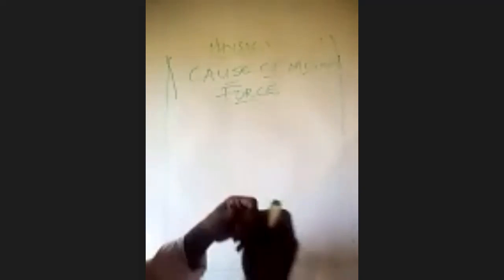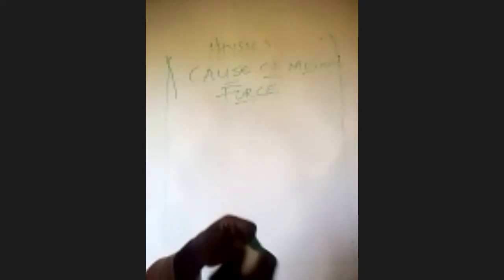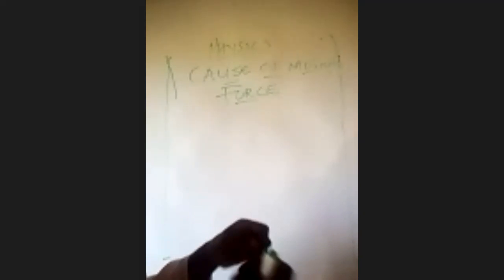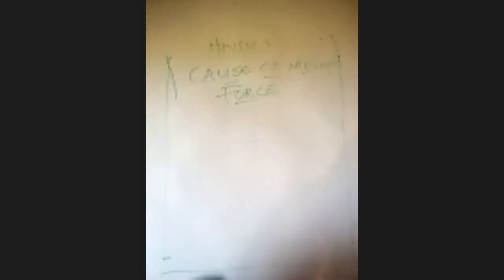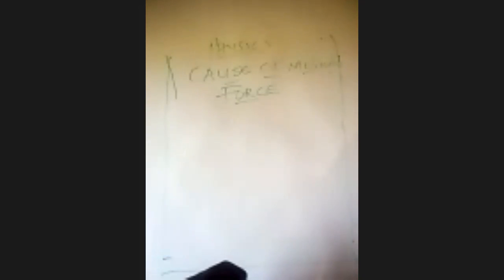You are not just pulling the rubber, you are applying something to pull it, and that is what? Force. So a force can move a body, change its direction of motion, make it slow down, or stop moving altogether.